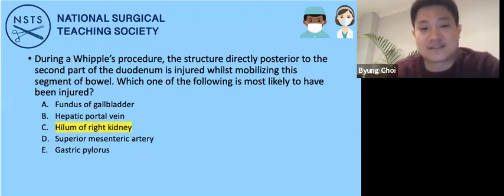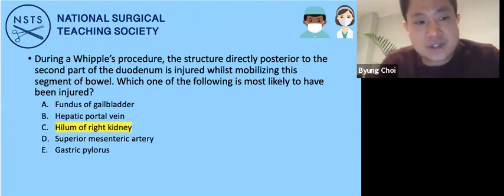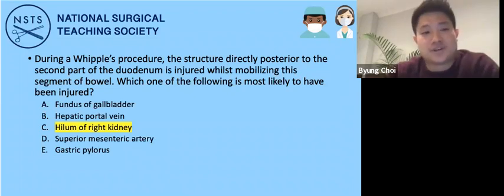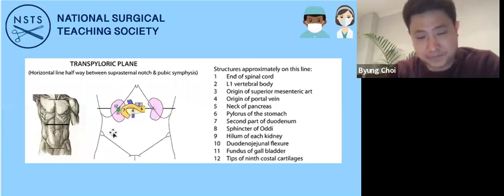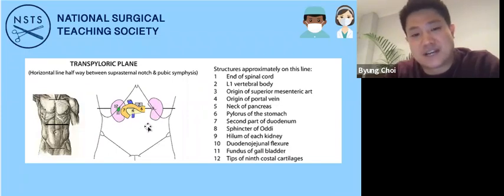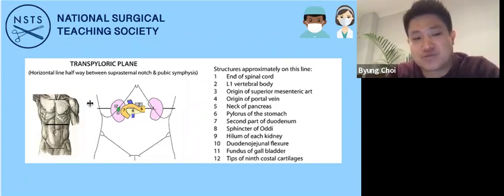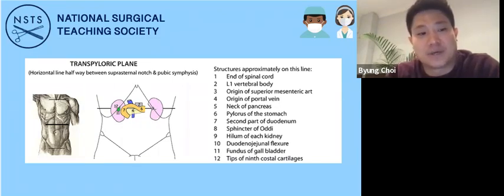Hence, that's the answer to this question. So it would be a good idea to try to visualize this. This probably isn't the best diagram, actually. It's good to show you what structures pass through the transpyloric plane, but if you map out where these structures pass and where in relation they are to others, it would help you in a whole host of questions that potentially come up.